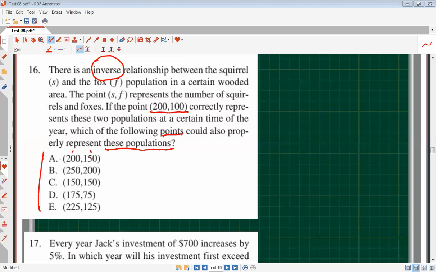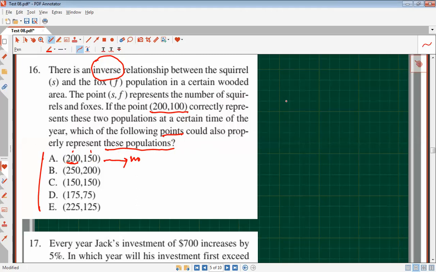About option A, we can see that this one, 200, is the same, and the other, 150, is an increase. No, this is not suitable to the information in the question.